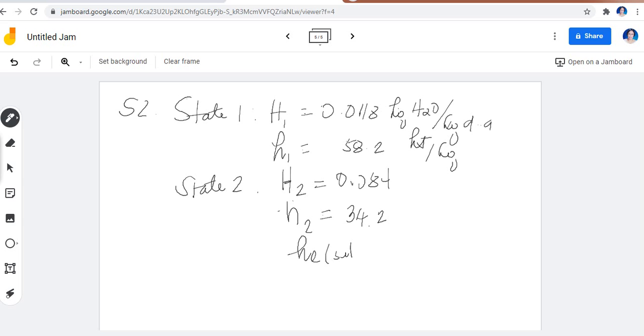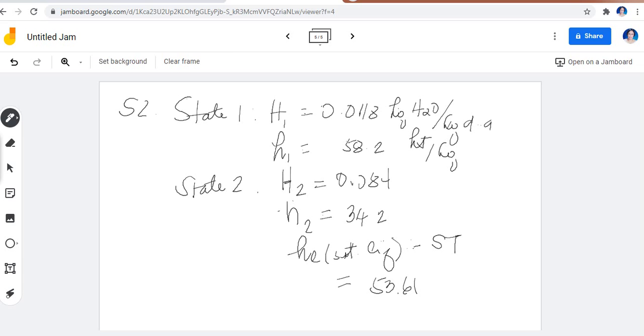This is from steam saturated liquid, to be taken from the steam tables based on the state 2 dry bulb temperature, and the value of this is equal to 53.61.